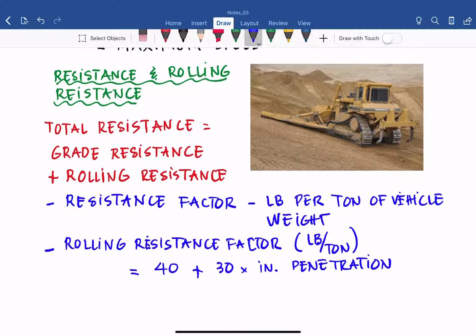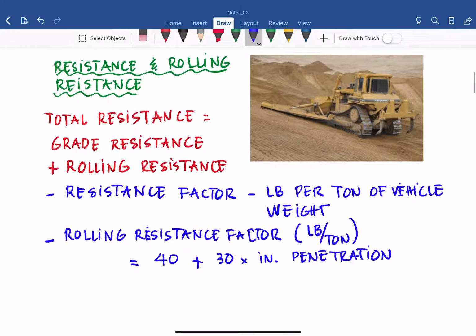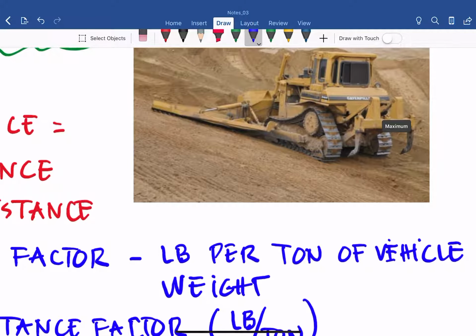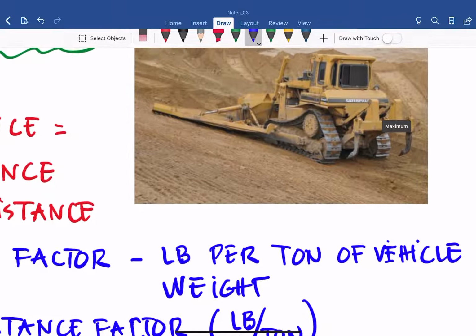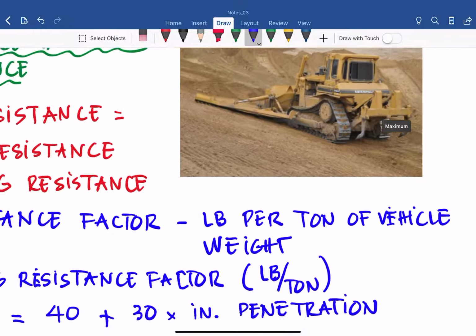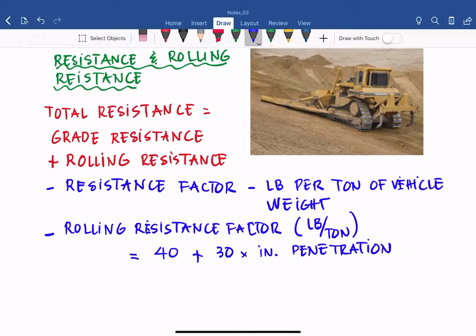So basically, to determine the rolling resistance factor, we can measure how many inches the wheel penetrates into the material, into the grade, and apply that in this equation: 40 plus 30 times the penetration measured in inches, and you will get that pound per ton.